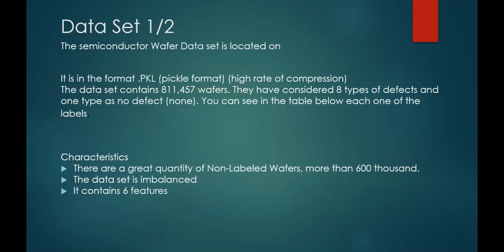The semiconductor wafer dataset is located on Kaggle.com at the link below. It is in pickle format, with a high rate of compression. The data set contains more than 811,000 wafers.